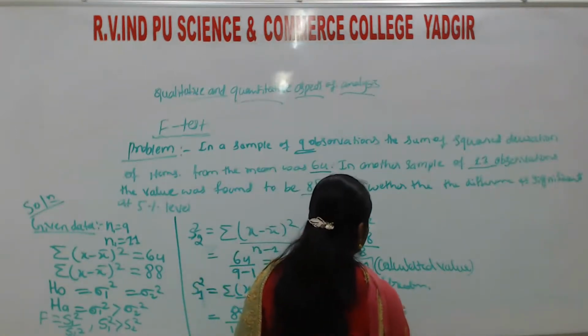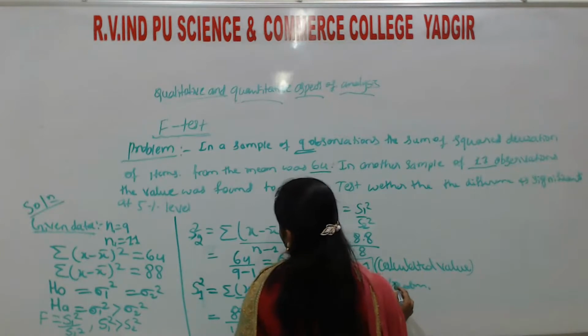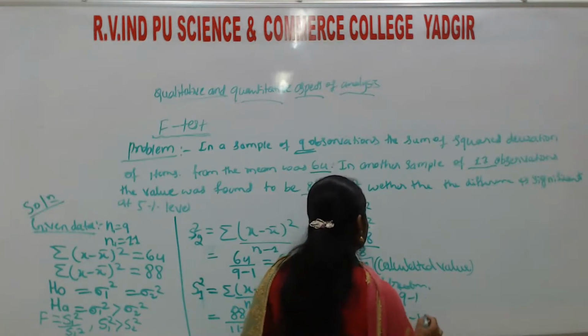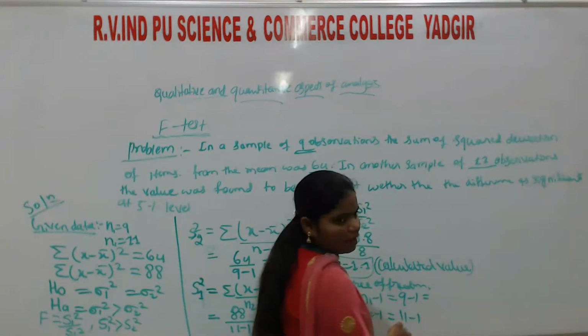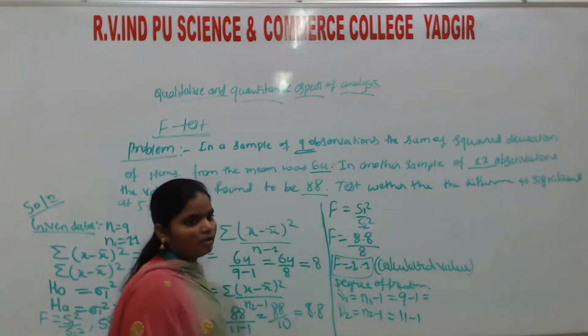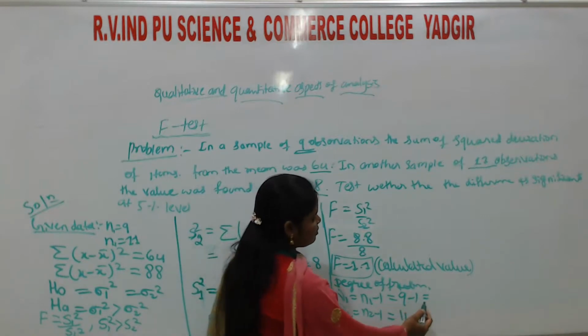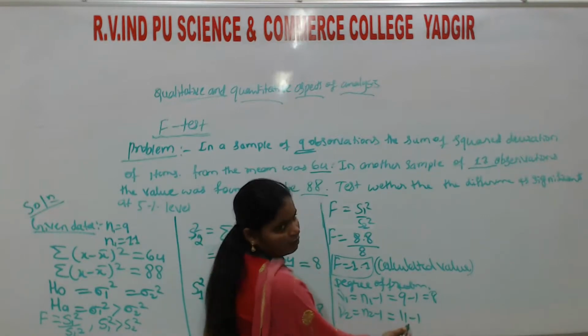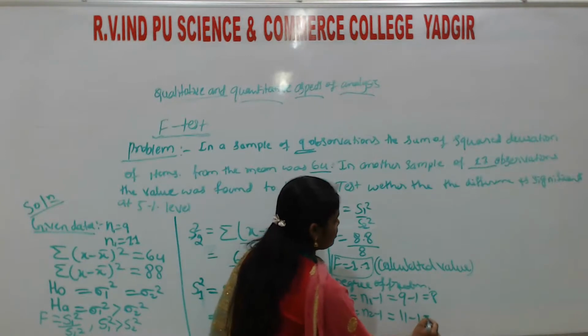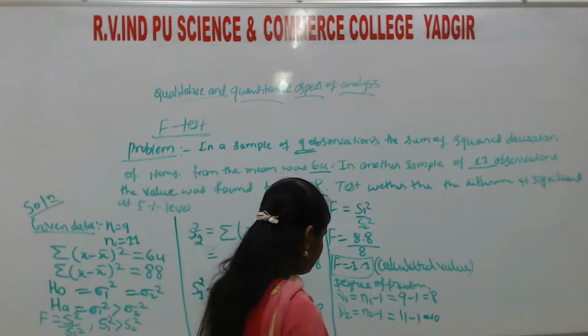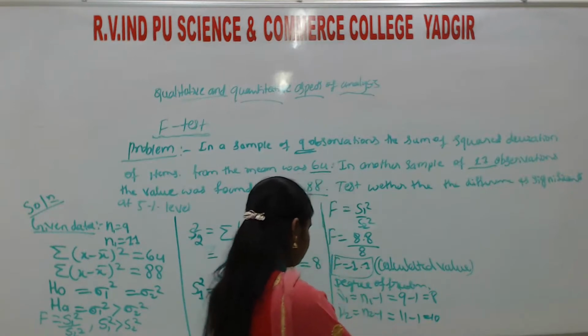You know n1 is 9, so 9 minus 1, and n2 is 11, so 11 minus 1. Here 9 minus 1 is equal to 8 and 11 minus 1 is equal to 10.